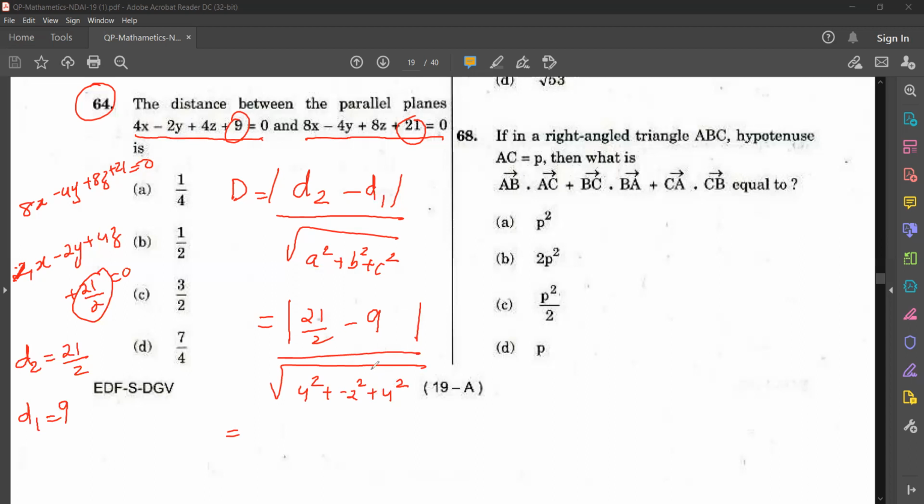Just give me the answer. 3 by 2 divided by root of 36, isn't it? 16 plus 16, 32 plus 4, 36. Root 36, so you get 6. So it is 3 by 2 by 6, isn't it? So your answer is 1 by 4. Distance between these two parallel planes is 1 by 4. Option A is the correct answer.